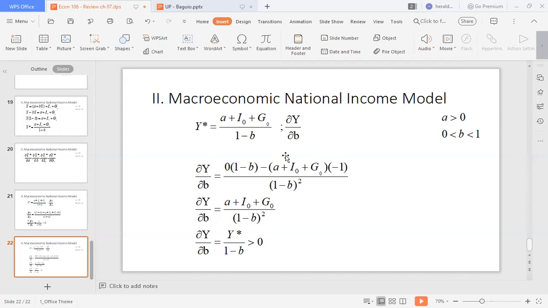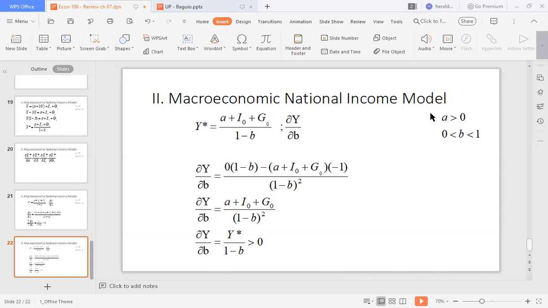So negative times negative, you'll end up with a positive value for A plus investment plus government spending over 1 over b squared. Now you can also simplify this further because A plus I0 plus G0 is equal to Y star itself. So you can come up with this answer, which is Y star over 1 minus b.